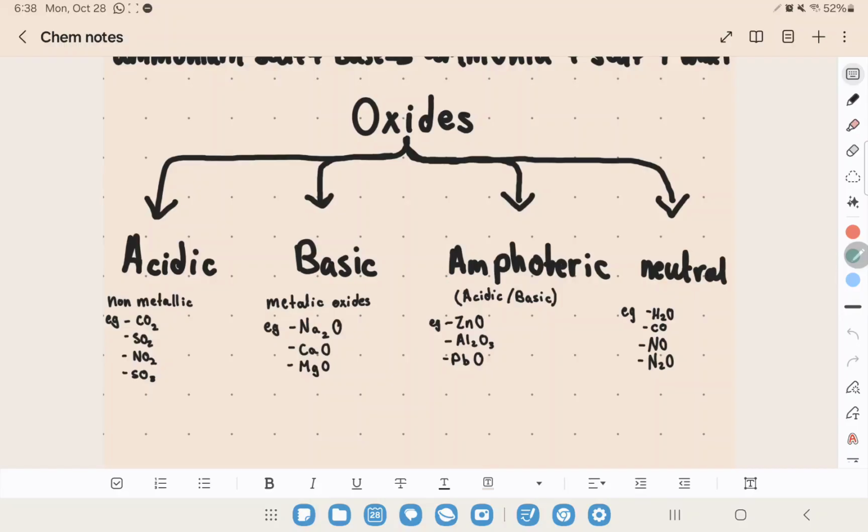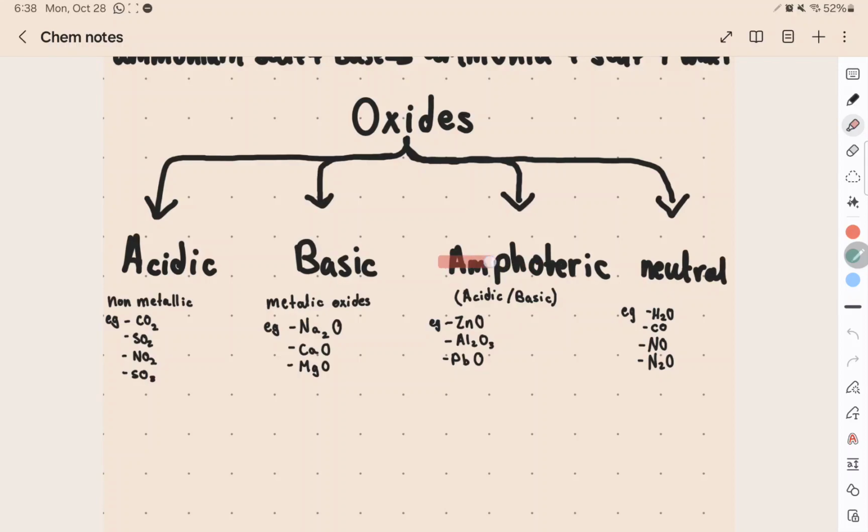The last two, which are your amphoteric and your neutral, memorize them. These two are mostly memorizing. You could infer the other two from the question, because acidic oxides are non-metallic, basic oxides are metallic oxides.